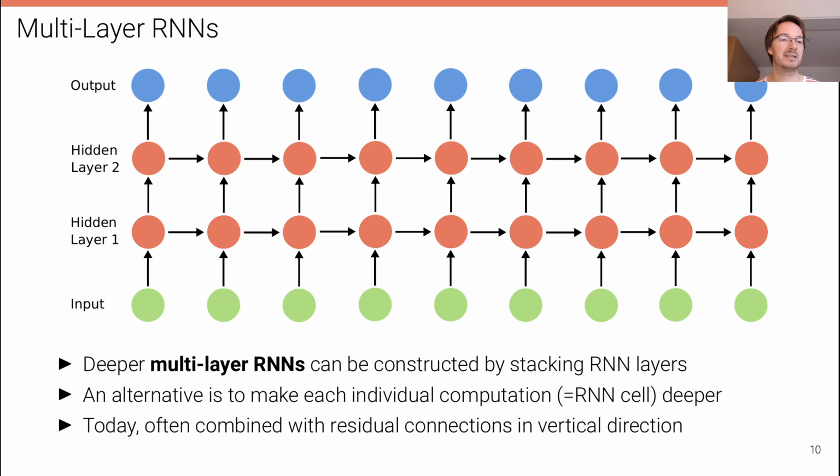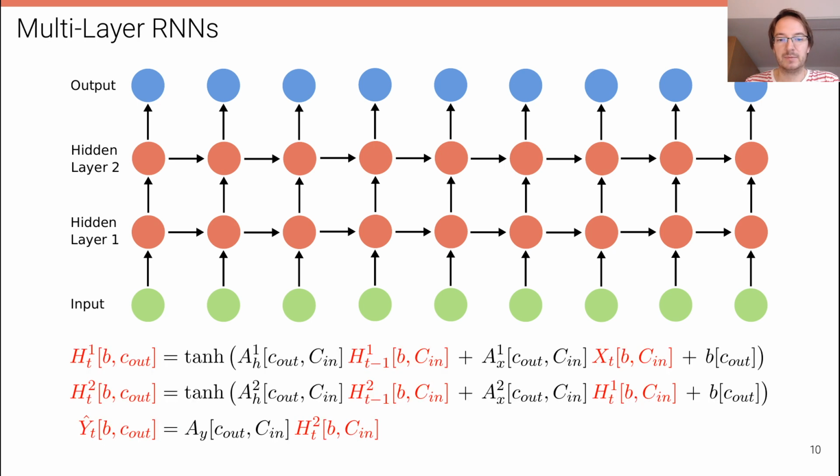So we do exactly the same operation as in the first layer, but now taking the states of the hidden layer 1 as input in contrast to taking the inputs as input. Mathematically in Einstein notation, this can be easily expressed where we have now introduced another index here in the superscript, which indicates the layer.